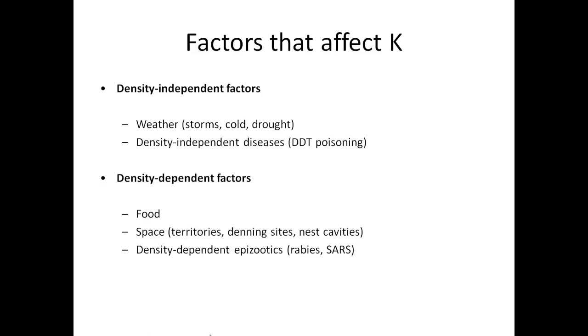And below a certain point, there is going to be insufficient food per individual for that population to be sustained, and so individuals are going to die. Things like competition for space can also influence carrying capacity, and density-dependent diseases as well.